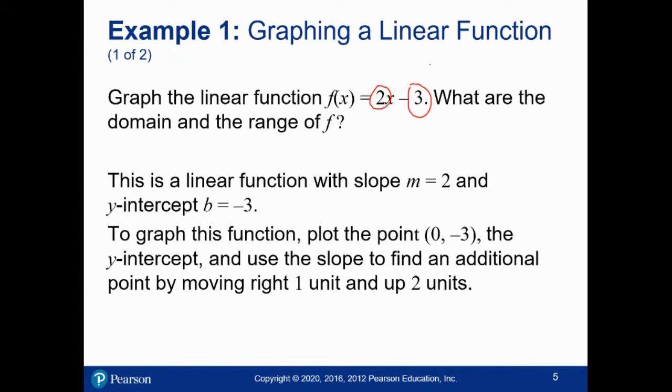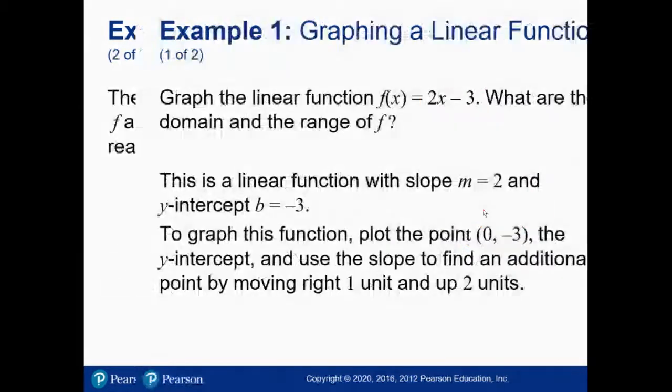However, the intercept of negative 3 means that this point definitely belongs to the line. Then we can just draw a line with slope 2. And remember, slope 2 means if I go over 1 unit, I have to go up 2 units.